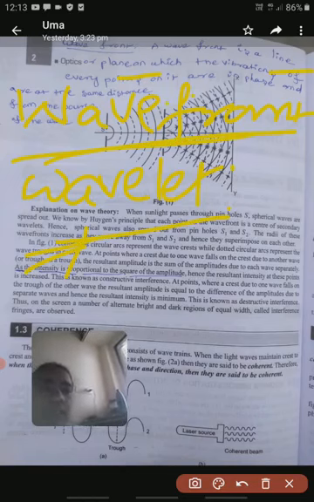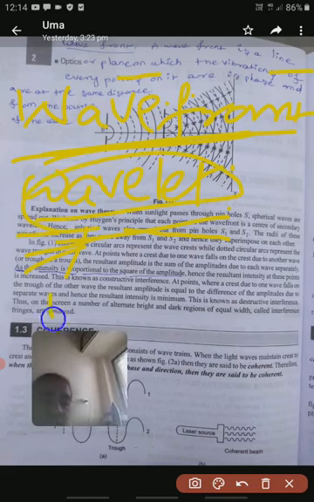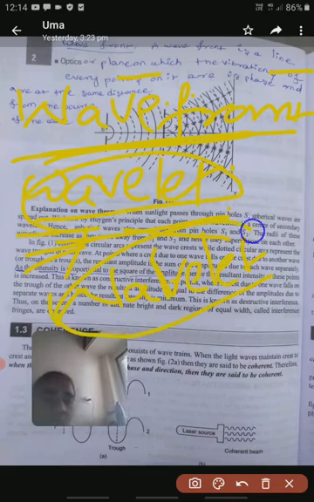It behaves like a source according to Huygens principle: each point on the wavefront is a center of secondary wavelets. Next is the wavelet, which is just a spreading of light or spreading of water.